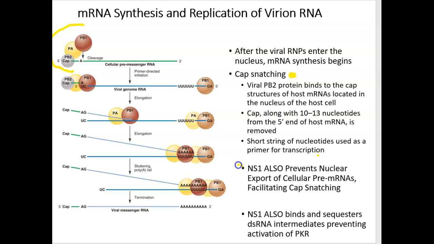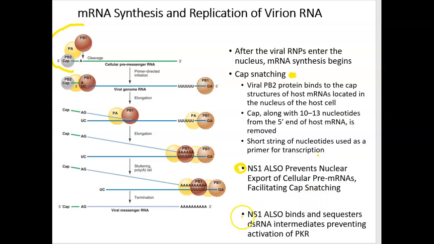All right, as I mentioned before, NS1, this is important. Non-structural protein 1 is really important for preventing nuclear export of pre-RNAs. So this traps cellular RNAs in the nucleus to facilitate cap snatching.